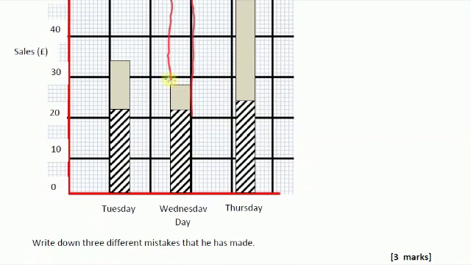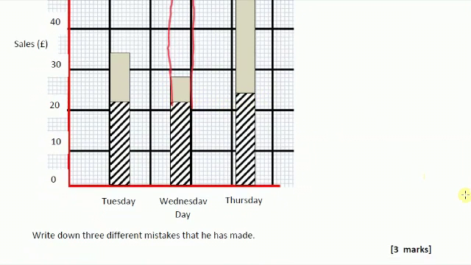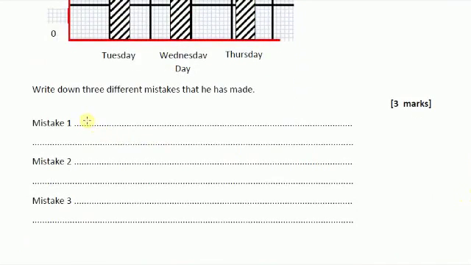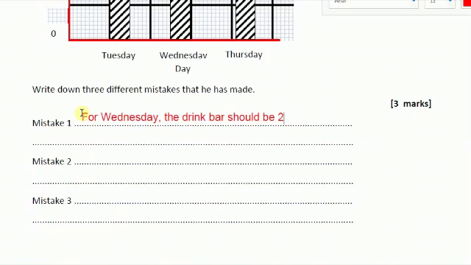And we don't. So that's one of his mistakes. We can say that on Wednesday, the drink bar should be 28 units, not 6. He only made it 6.